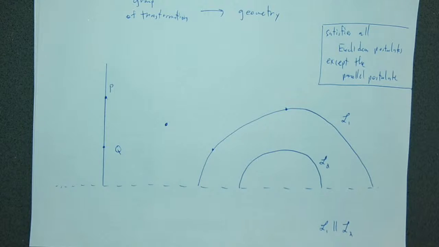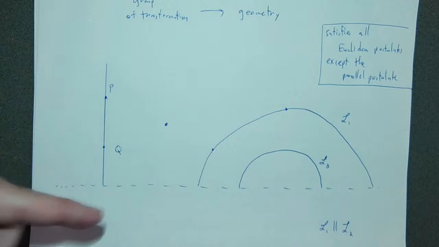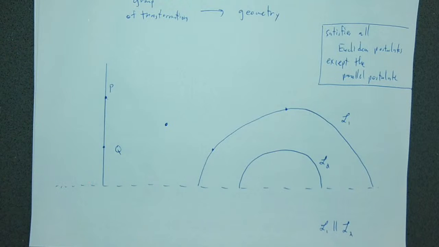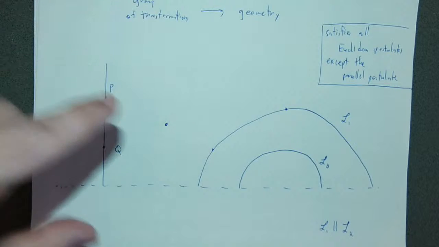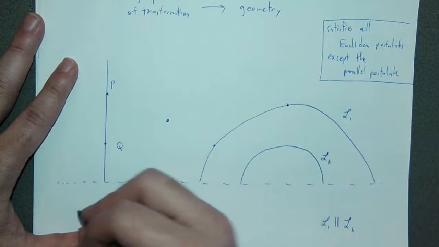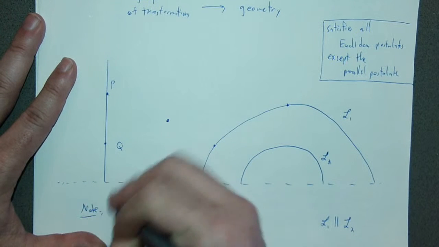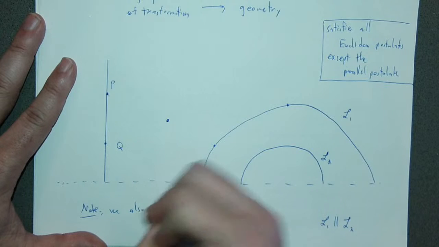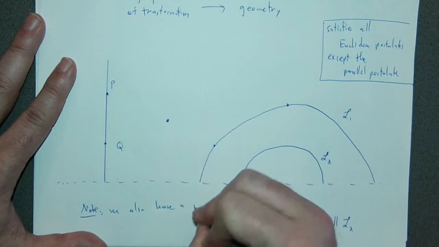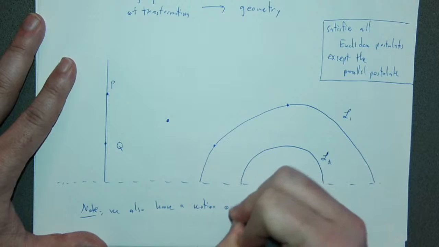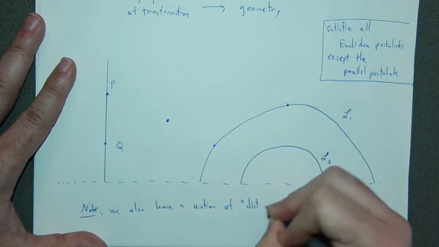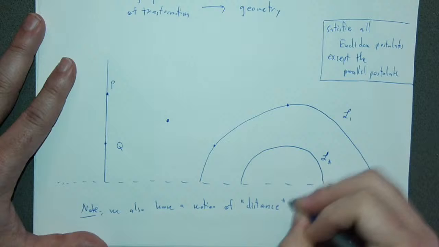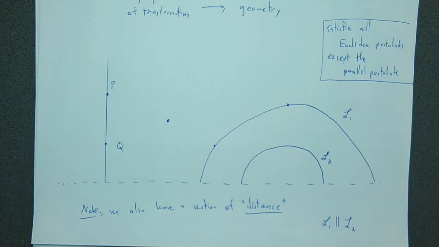Another thing that is totally different, especially if you're thinking about projective geometry, is the fact that this gets extended from RP1, where distance was not a thing, to something that has distance. So note, we also have a notion of distance. We'll talk about this later. Why is this so shocking?